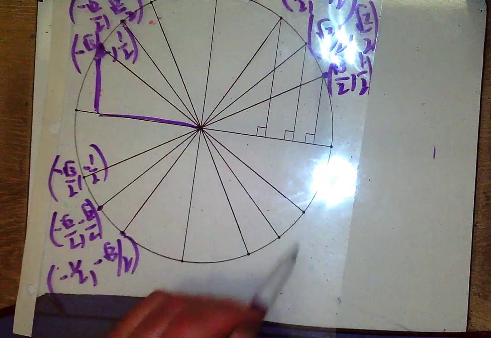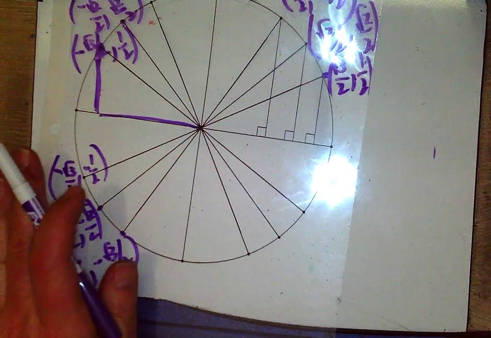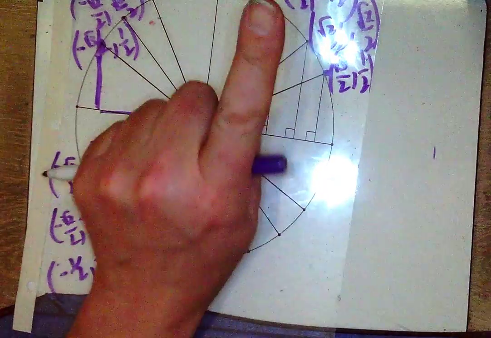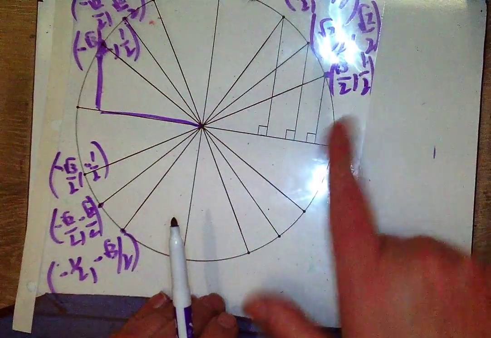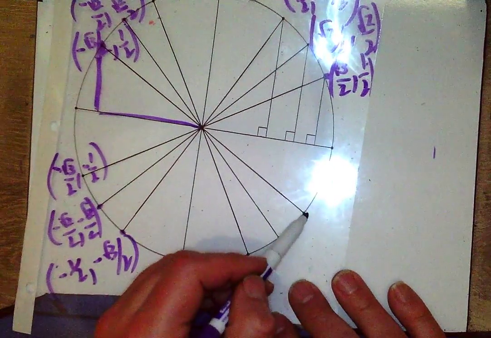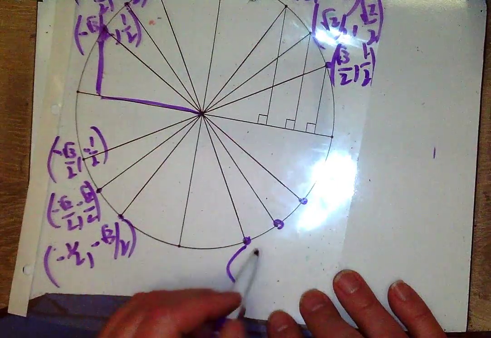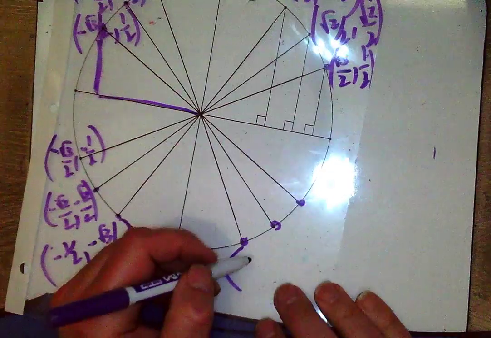Okay, and then over here in fourth quadrant, well, either I can take this and flip it over here and make all the x's positive, or I can take this and flip it down here and change the sign on all the y's. Doesn't matter which I do, I just need to make sure that I have easy access to the correct values here.